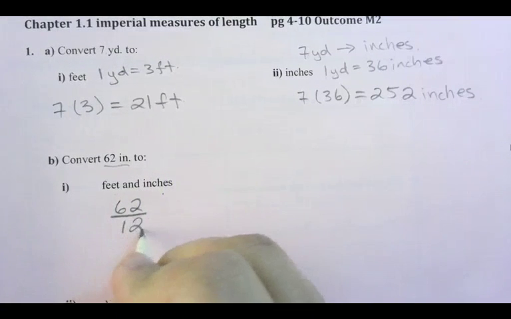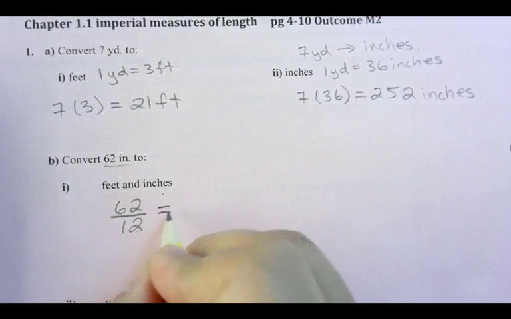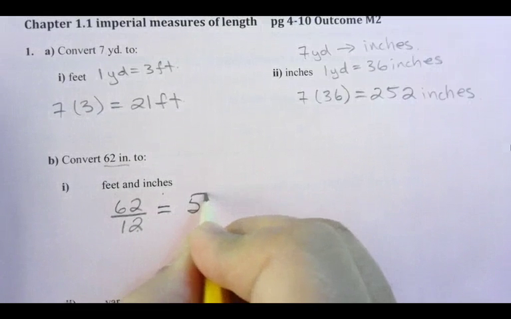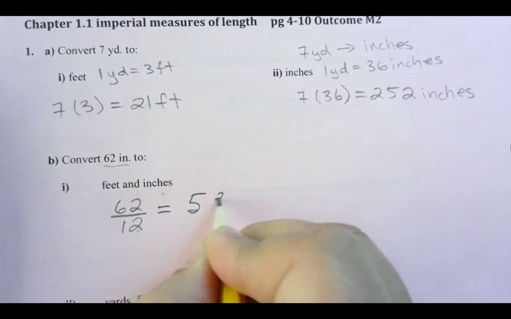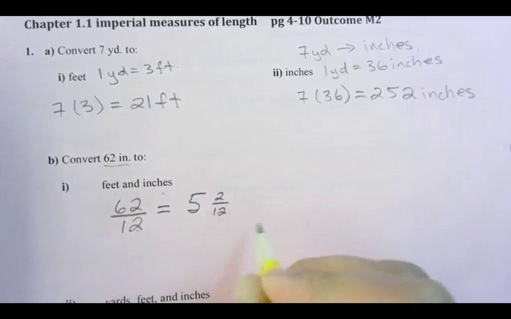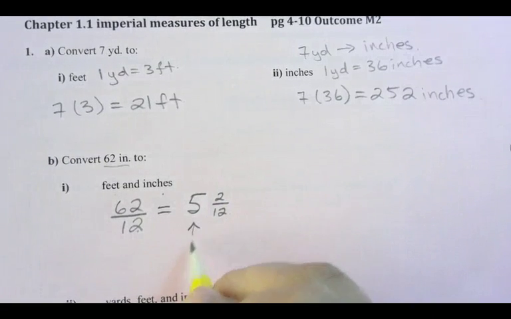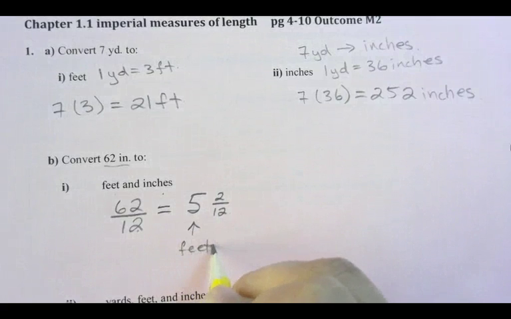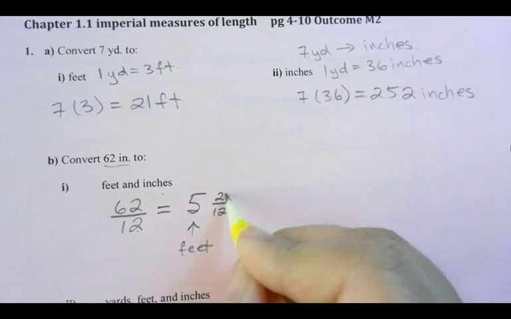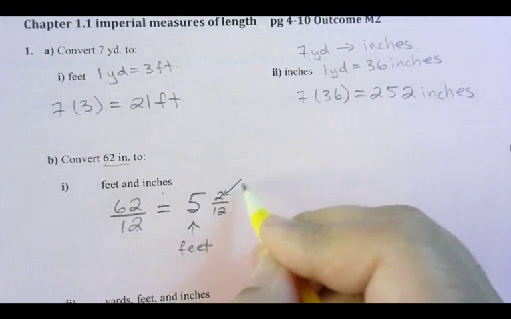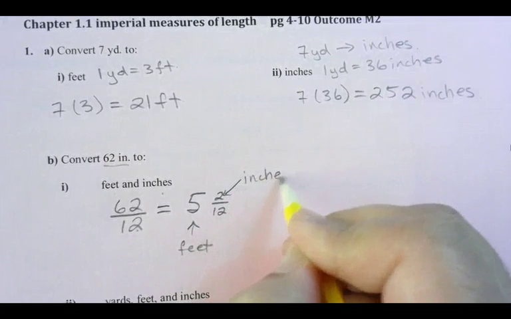12. So if I divide 62 by 12, that's going to tell me how many feet there are. So there's 5 feet, and then there's 2 inches left. So I convert that to a mixed fraction. This tells me how many feet there are, and the numerator here tells me how many inches.